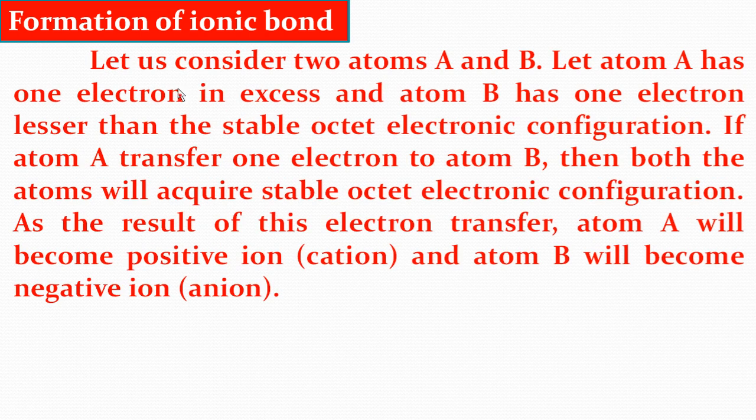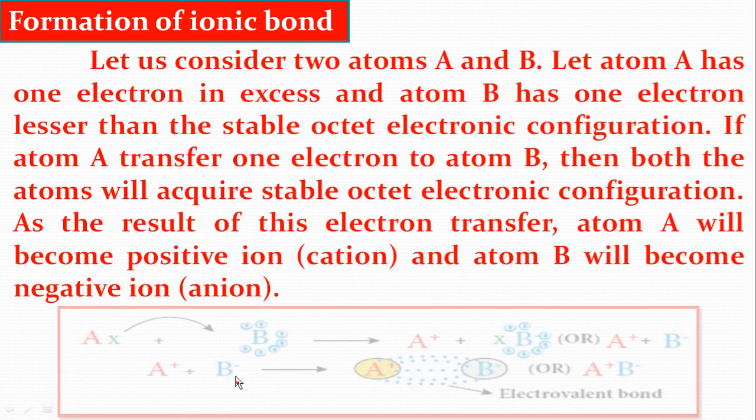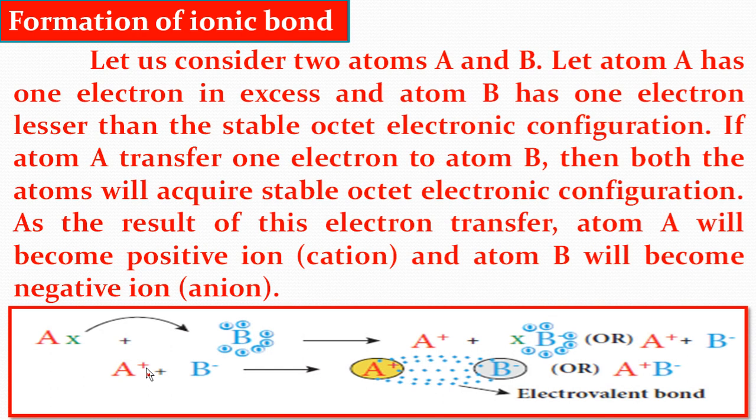Now, the formation of an ionic bond. Let us consider two atoms, A and B. Here, atom A has only one electron and atom B has 7 electrons in the outermost shell.